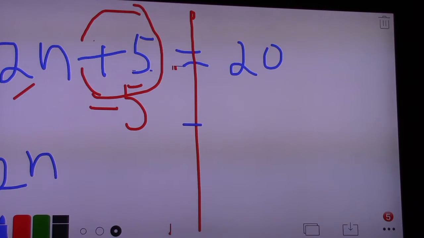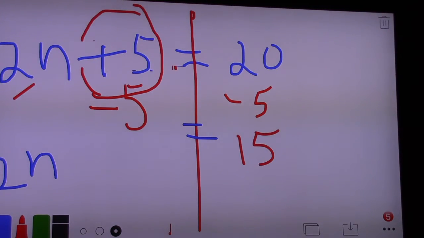And then I send my equal sign over, and I have 20 minus 5, and I end up with 15. 2n equals 15. So here I have 2 times n again.